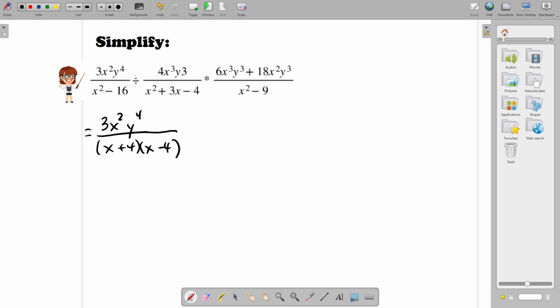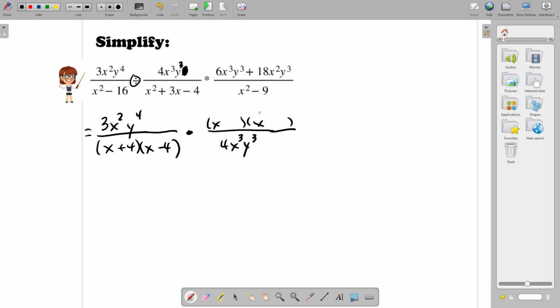I need to change this to multiplication, flip this fraction over, so the 4x cubed y cubed, and then this trinomial, let's go ahead and factor it. And remember, the fraction flipped over because we changed from division to multiplication.